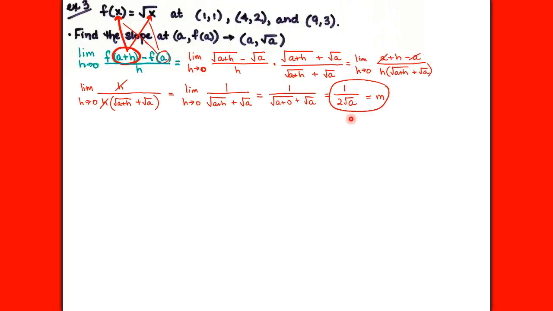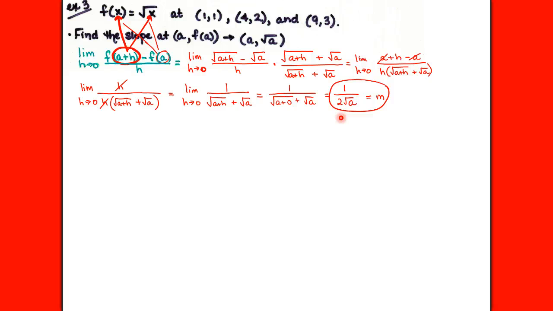Because I did not from the very beginning plug 1 in for a, or plug 4 in for a, or plug 9 in for a, I didn't get a number like I did last time. That would have been the slope at just that point. But what I now have is a formula that I could use to find the slope at multiple points.